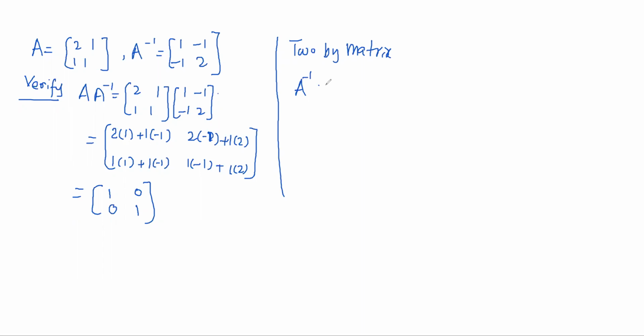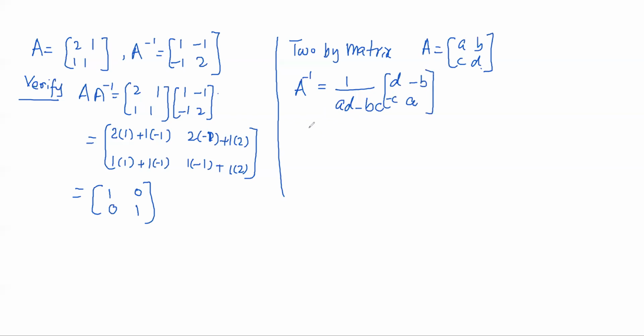So for a 2 by 2 matrix, the inverse formula is 1 over AD minus BC into, if for example, A is A, B, C, D. The easy way to remember is that A and D are replaced with each other. In place of A, you put D, and in place of D, you place A. And then the signs of B and C change.